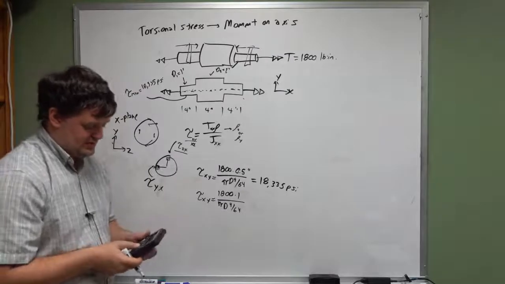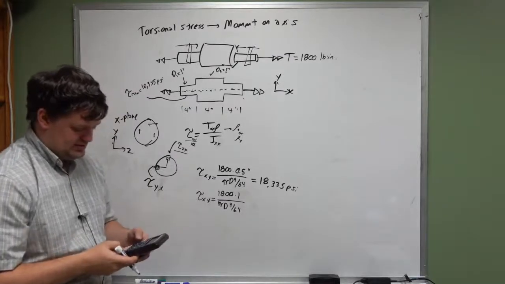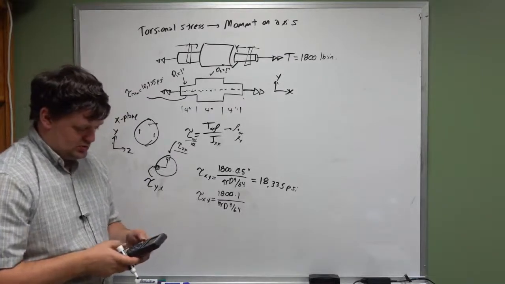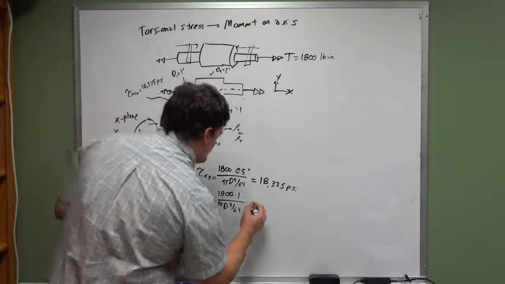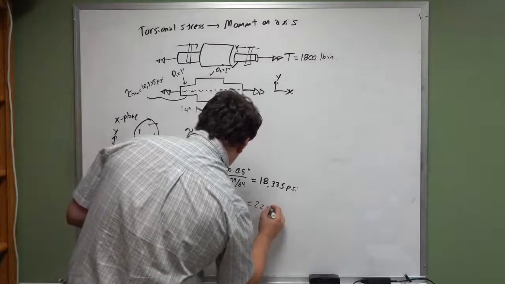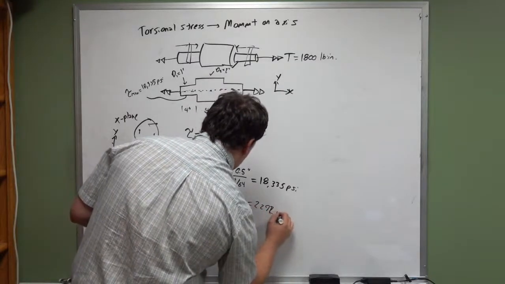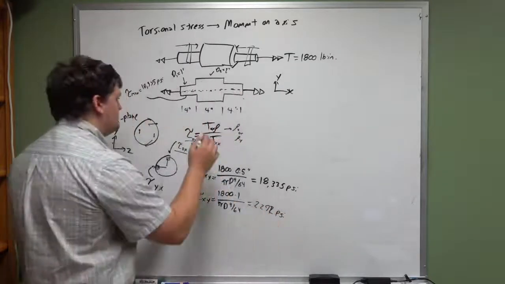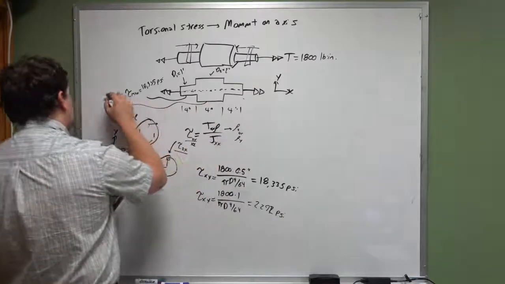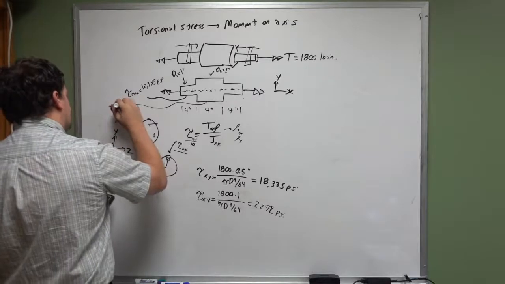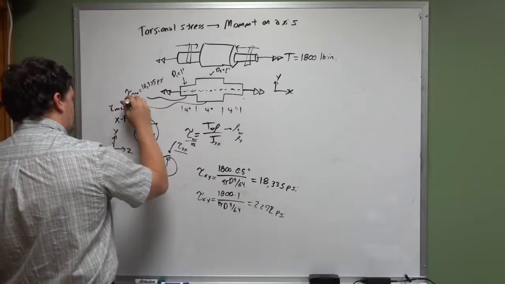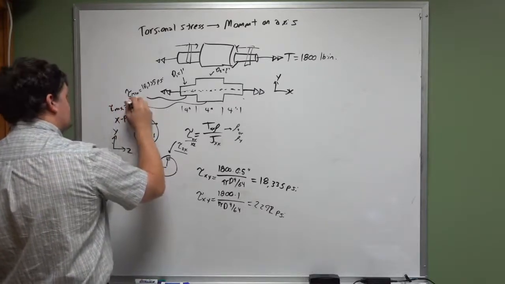When I plug this in and calculate it, this stress is now 2,292 psi. Okay, so this tau max, I'll write it underneath, is now almost an order of magnitude smaller.